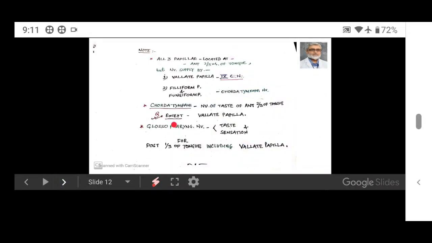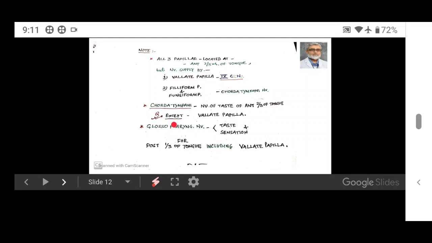Come to the next slide. Fungiform papillae are numerous, bright red spots around the tip and margin. Taste buds are present.